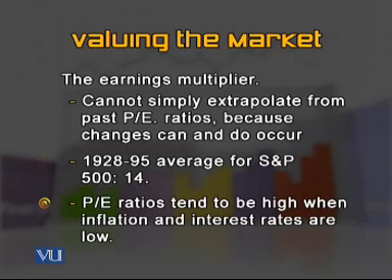We talked that the price earning multiples tend to be high when inflation and interest rates are low, and price earning ratios tend to be low when inflation and interest rates are high.